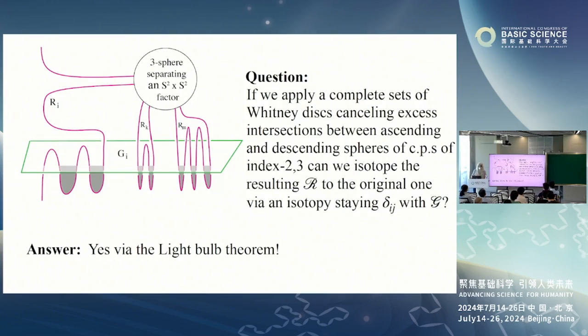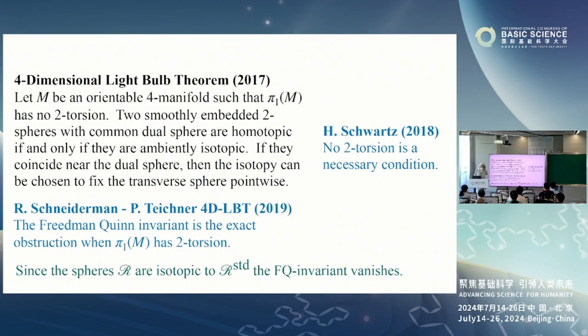And it turned out the solution was kind of interesting. In fact, if you just do any system of Whitney disks, you can bring them back to the original set without creating an extra intersection.